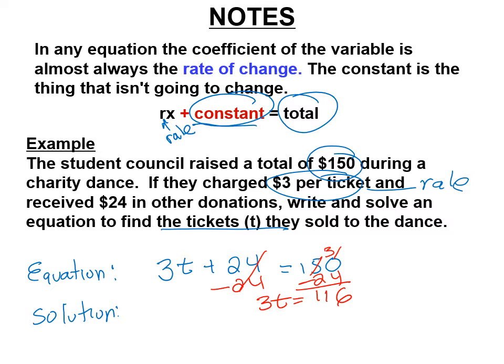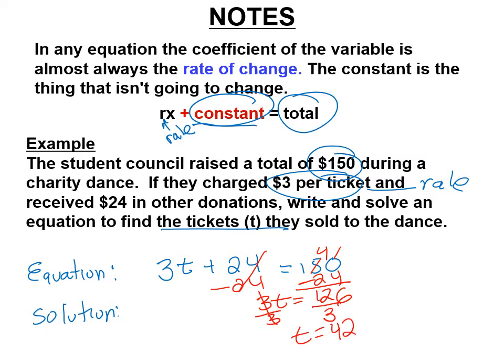Oops, I've done something wrong, have I not? Oh, because we borrowed from there and made it a 4, so it's 126, not 116. Thank you. Divide both sides by 3, and t equals 42.